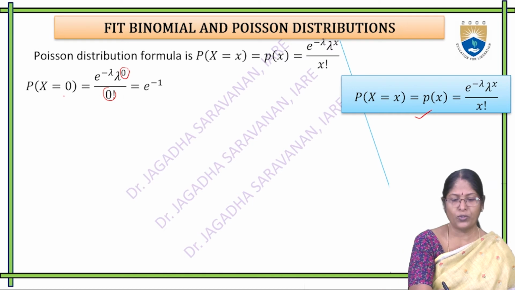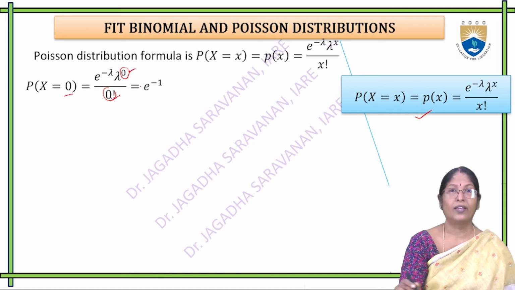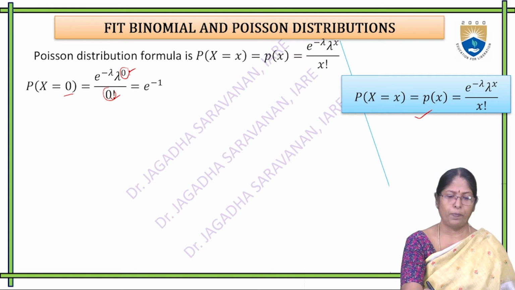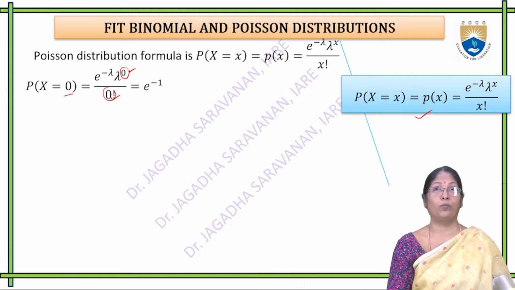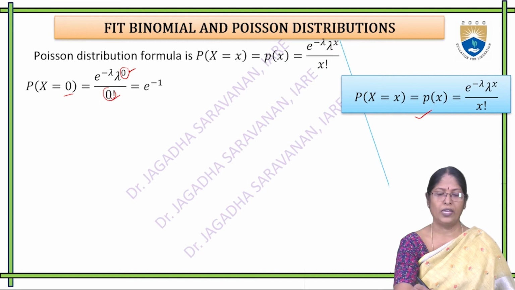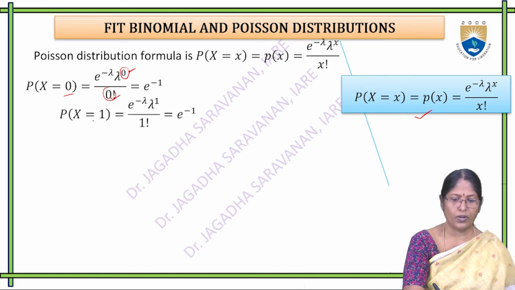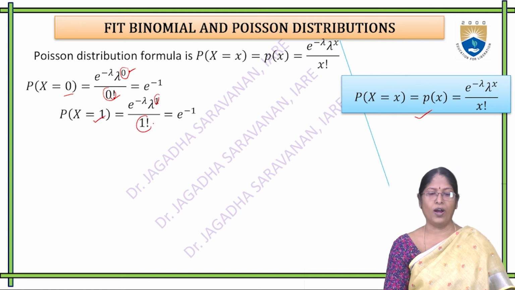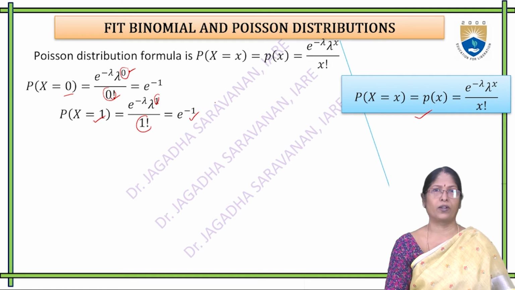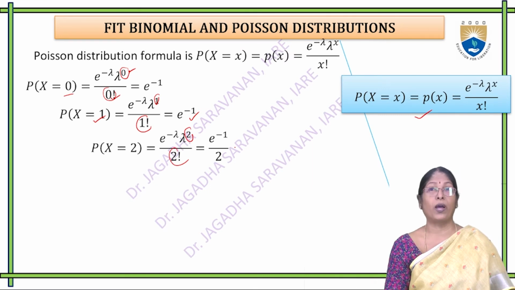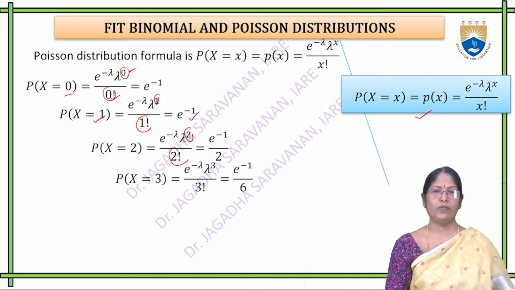So when x equals 0, the x in the 2 places is replaced with 0. Lambda power 0 and 0 factorial are both 1, so we got e power minus 1. When x equals 1, similarly, x is replaced by 1, and we obtained e power minus 1. For x equals 2, we replaced it and obtained e power minus 1 by 2.